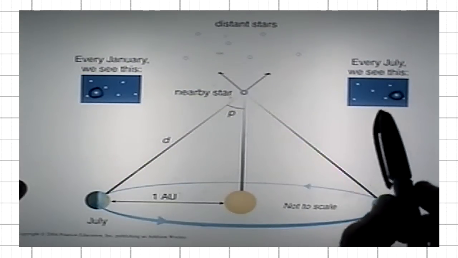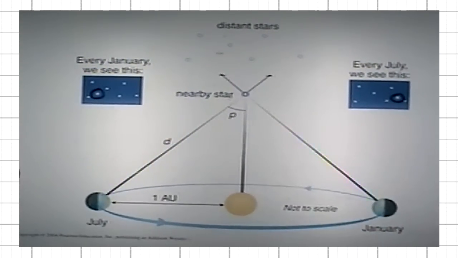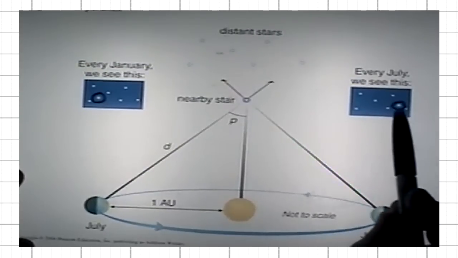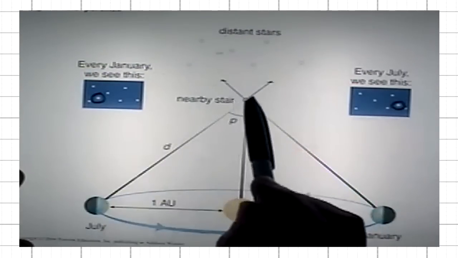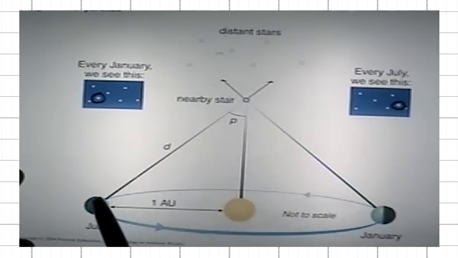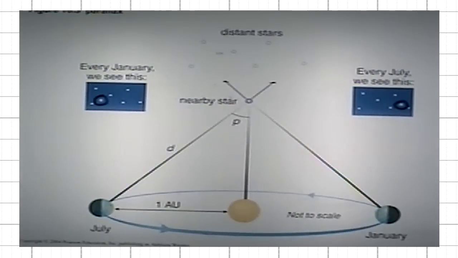So what is meant by a parallax is this apparent change in the position of an object, in this case a nearby star, due to the change in the location of the observer. And actually our vision is based on parallax. The two eyes actually don't give the same view.